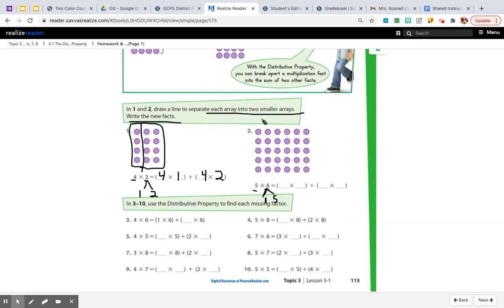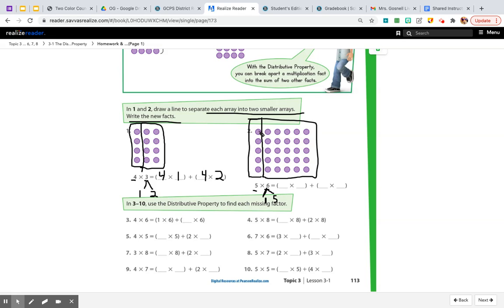I can model this by drawing a line after 1 column. So now here I have an array with 5 rows, 1 column, and here I have an array with 5 rows of 5. Notice how my first factor, my rows, did not change.